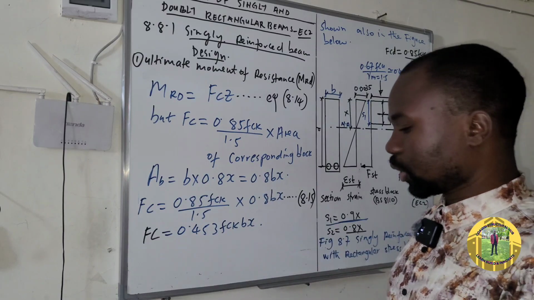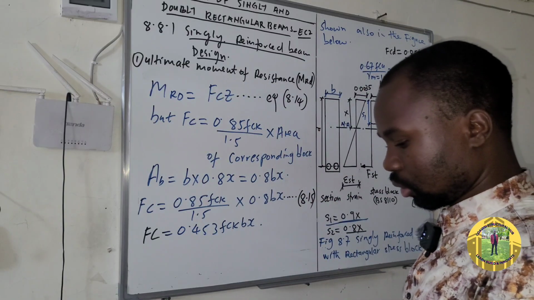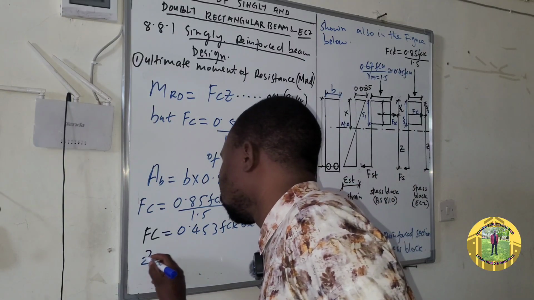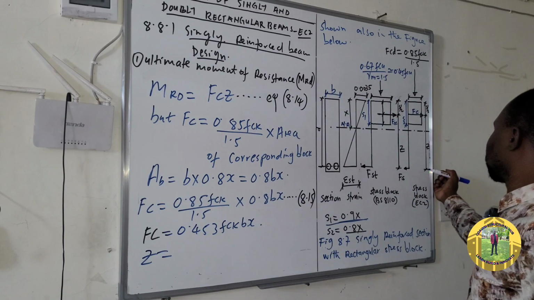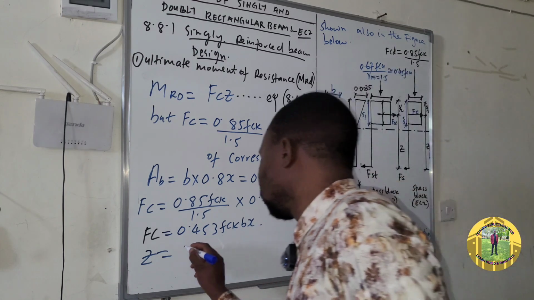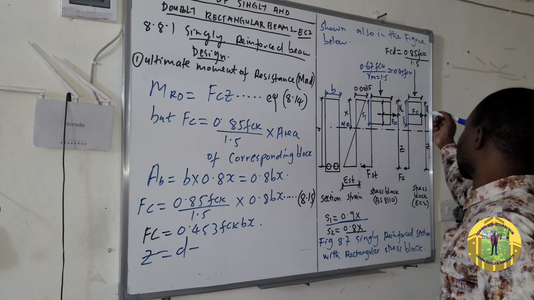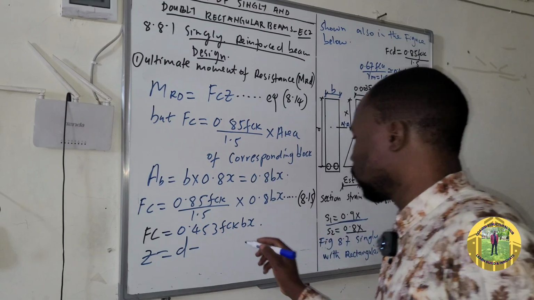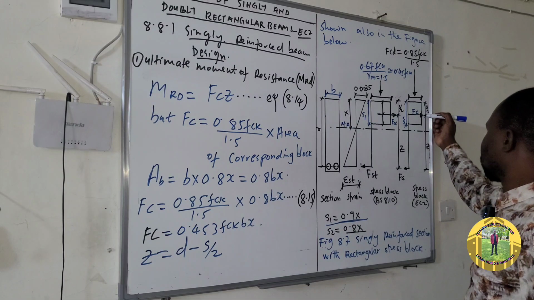How about Z? Z is this distance from here up to this point. So Z is equal to D, from here to here, minus from here up to here, which is S over 2.